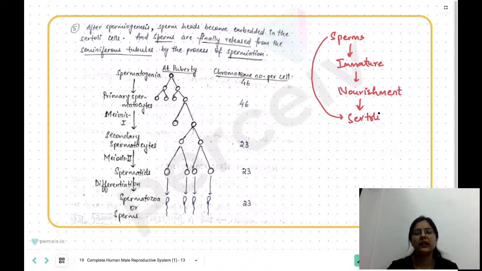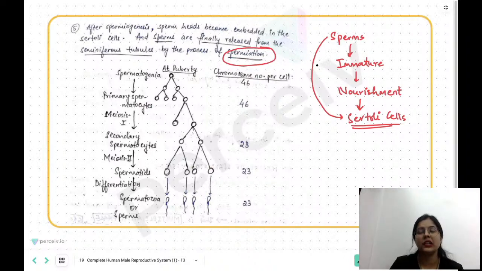so that until and unless they are fully matured they won't be released. और जब ये fully mature हो जाएंगे तभी ये सर्टोली सेल से रिलीज होते हैं. So this process is ultimately called as spermiation. You can see over here. So there is a difference between spermiogenesis and spermiation. Spermiation is actually the release, final release of the sperm once they are matured enough and can carry out the process of fertilization.